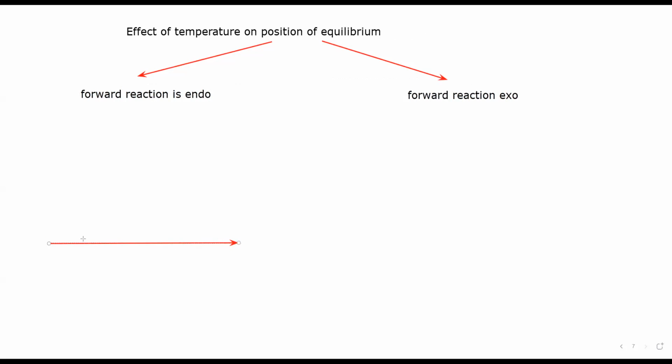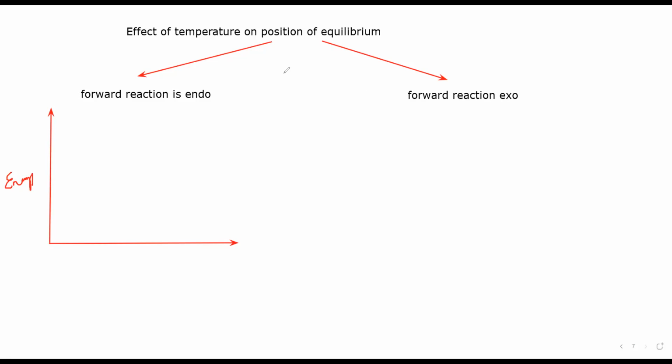So if you have endothermic reactions, and if I make an energy diagram, which one will have high energy, reactant or product? For endothermic reaction, we supply energy.